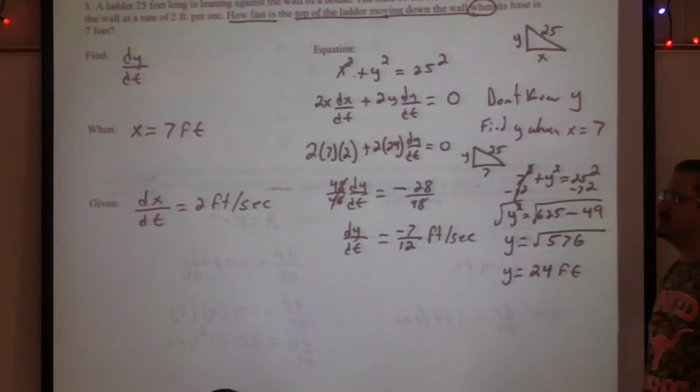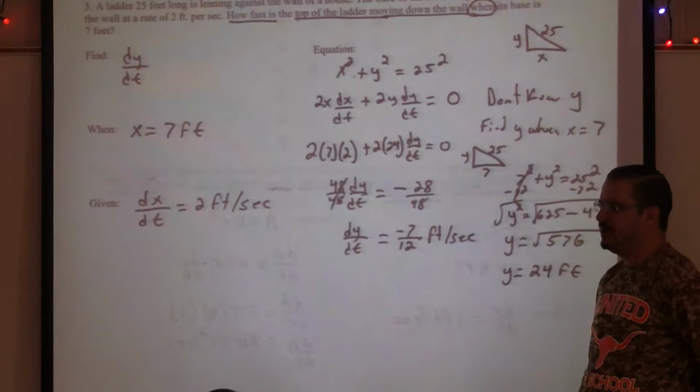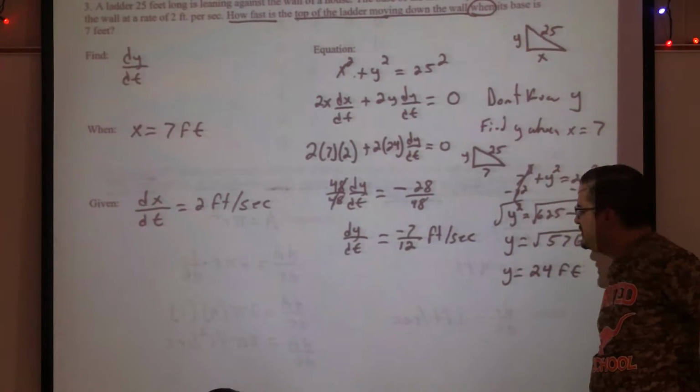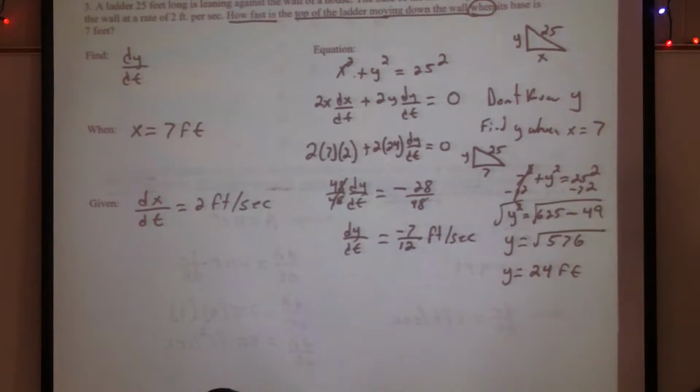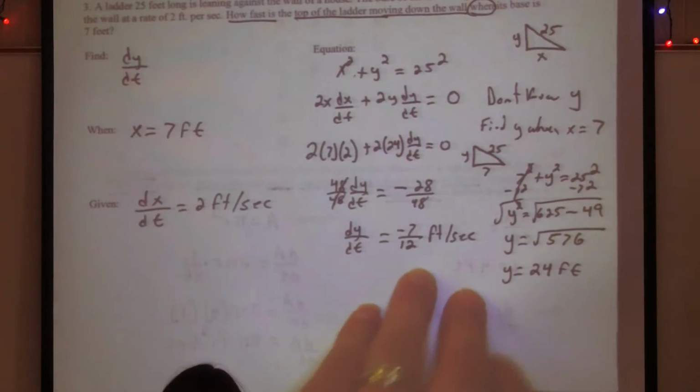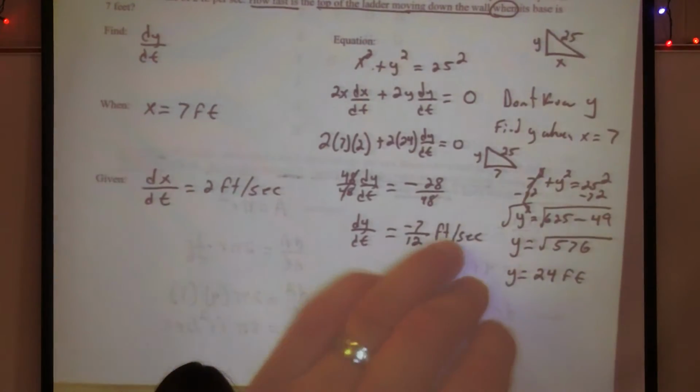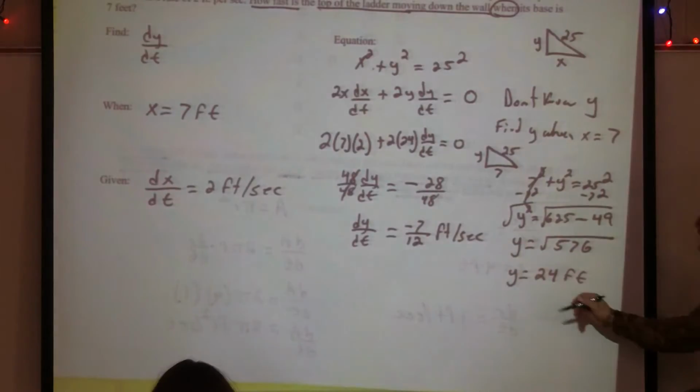And is that correct? Should it be negative? Why, Valeria? Why should it be negative? It's moving down, right? So that distance, that y, the height is decreasing. So the rate of change should be negative. Every second, that height is changing by what?